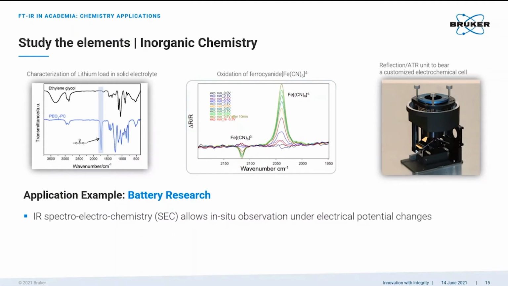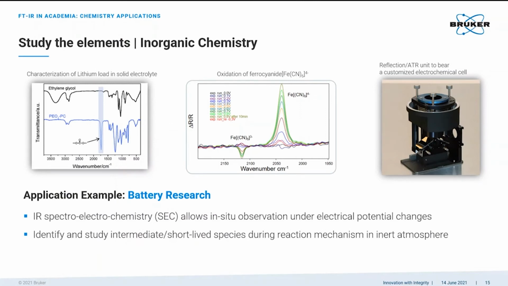Actually, you can use FTIR not only to study, but to identify reaction intermediates and short-lived species during reactions. Inert atmosphere is either kept by applying the measurements in the glove box directly or by using specialized equipment that allows in-situ measurements under inert conditions outside the glove box.